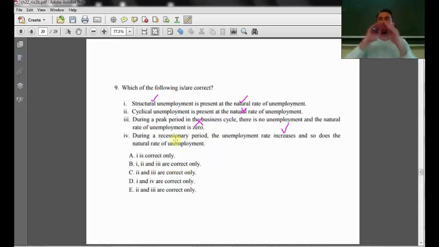Okay? So the natural rate of unemployment is when we are at full employment. You could be in a recession and be above full employment. Usually you would be in a recession and going below full employment. Either way, during a recession period, it does not change the natural rate of unemployment. Okay?